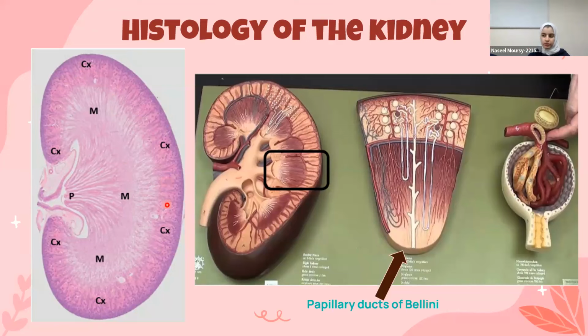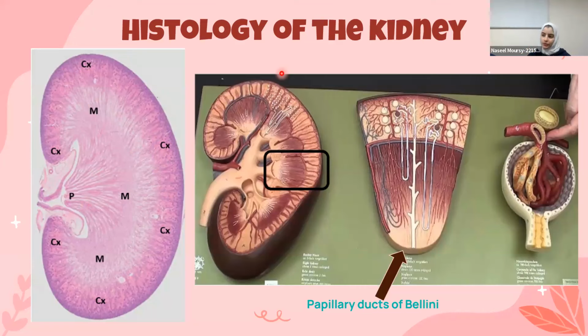Like, what does it have in it? Cortical nephron. Yes, cortical nephron's correct. And so you have the glomeruli and the Bowman's capsule and all that stuff. Now what is M? Medulla. Okay. And P? Papilla. Good. So it's not pelvis. Be careful.